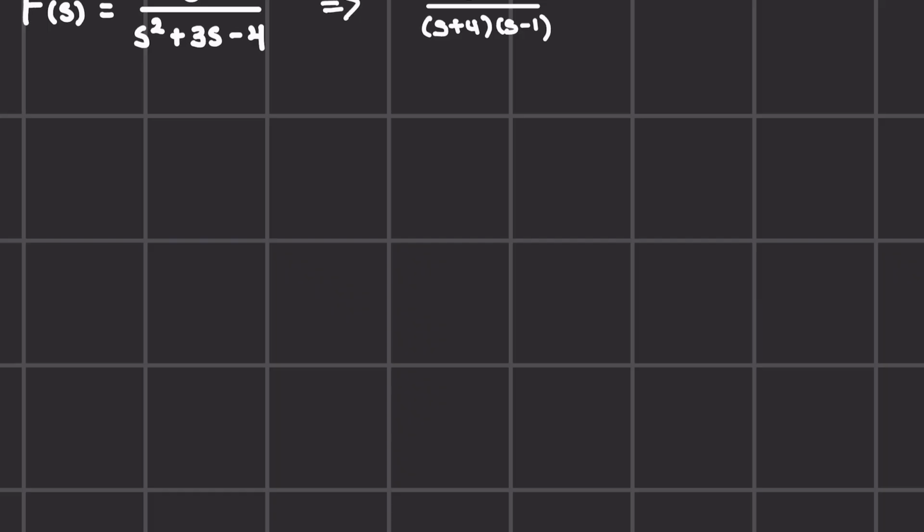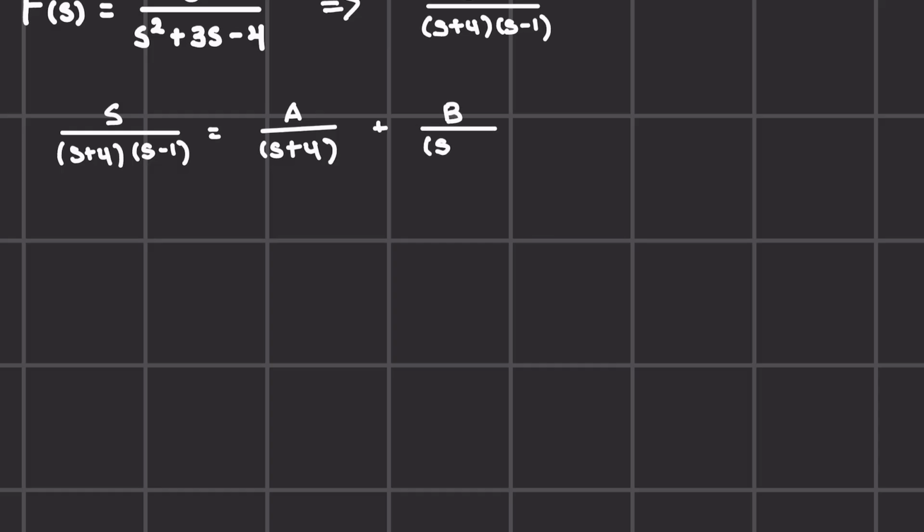So our very next step is doing the partial fraction decomposition, which is s over (s plus 4)(s minus 1) equals A over s plus 4 plus B over s minus 1.